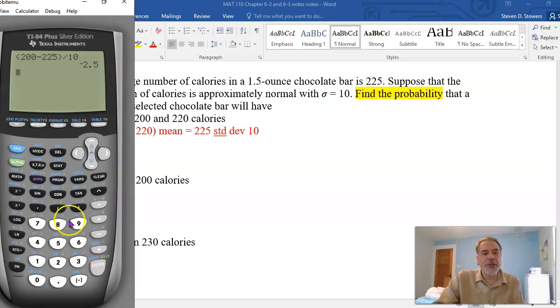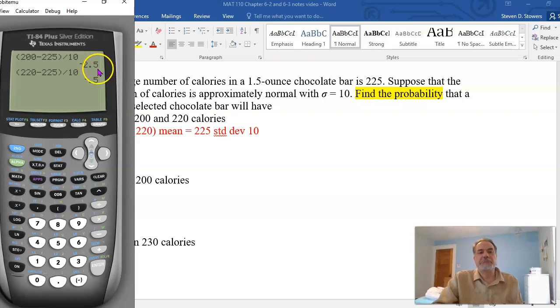For the other number, the 220, the z-score is 220 minus 225 divided by 10, which is negative 0.5. Now, sometimes you're going to get more decimal places than this, and you're going to want to round to 2 places after the decimal point for your z-scores.